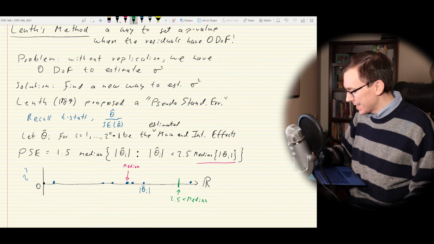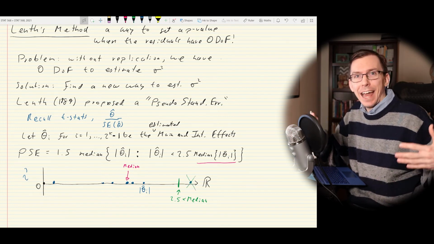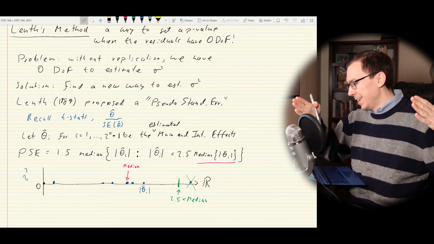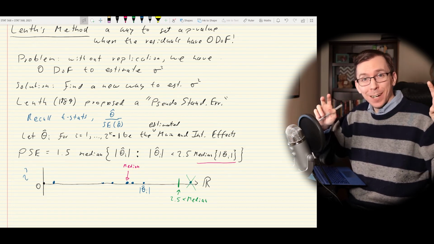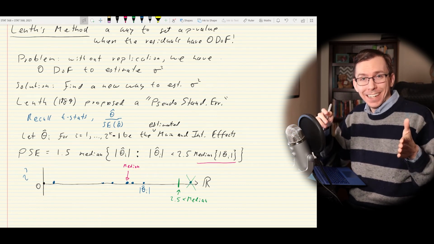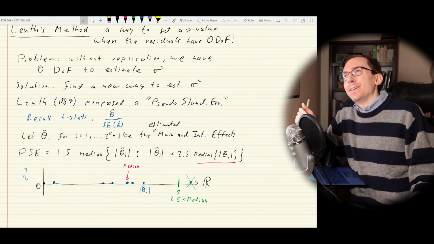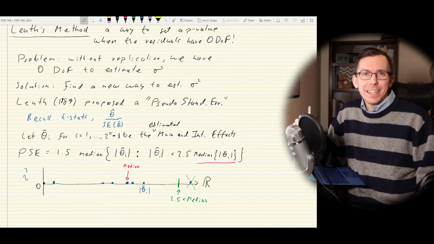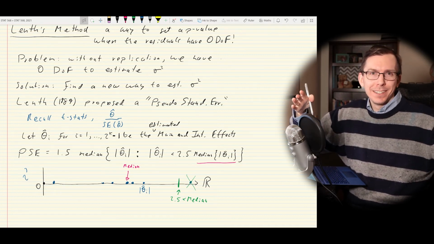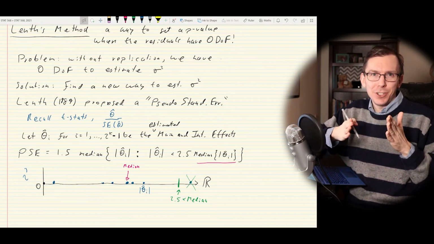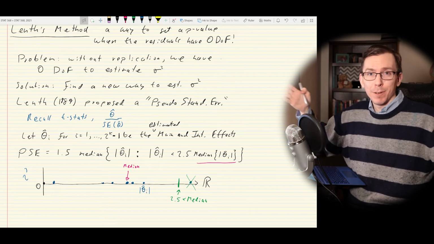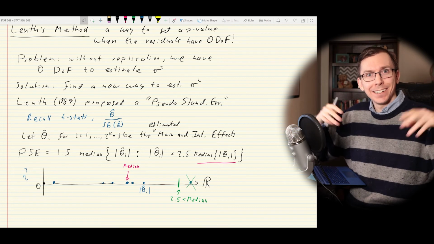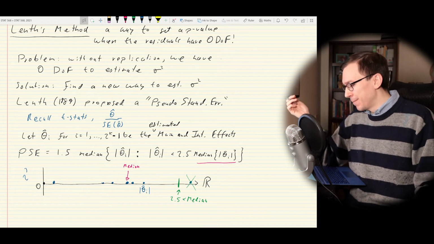Basically, we throw out this guy over here because he is, in some sense, an outlier. He lies more than 2.5 medians from the origin, right? It's kind of like if you just had data and you computed the standard deviation and you said anything that lies outside of 2.5 standard deviations from the origin is an outlier, and I'm just going to get rid of it.